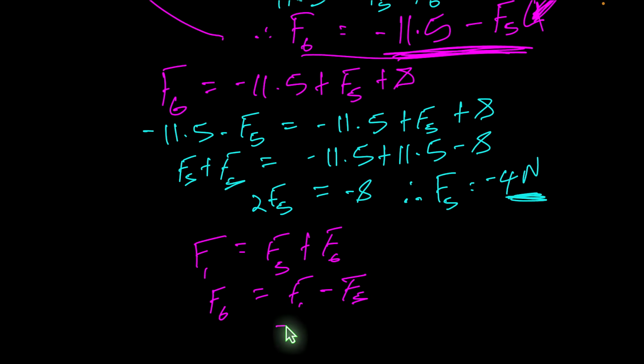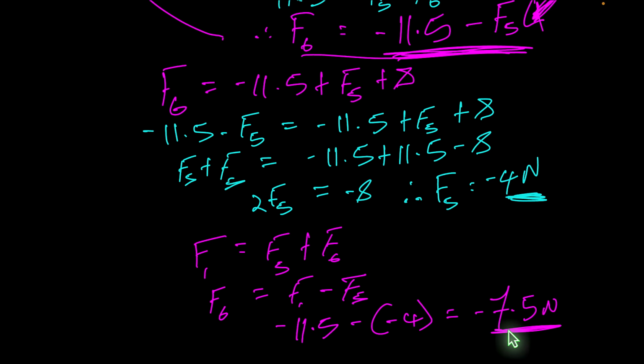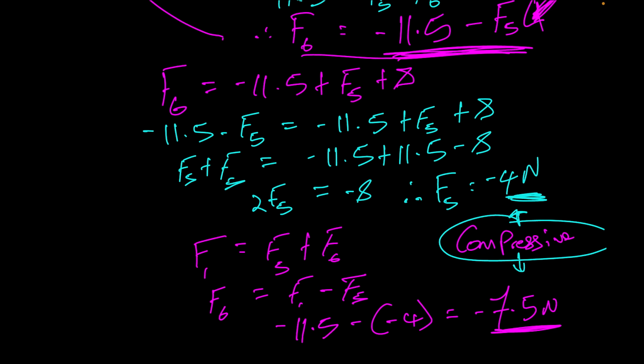So negative 11.5 for F1 minus F5, which is negative 4. So our final answer here for F6 is going to be negative 7.5 newtons. And these are two compressive members. So that's F5, F6 done. Let's move on to the next joint then.